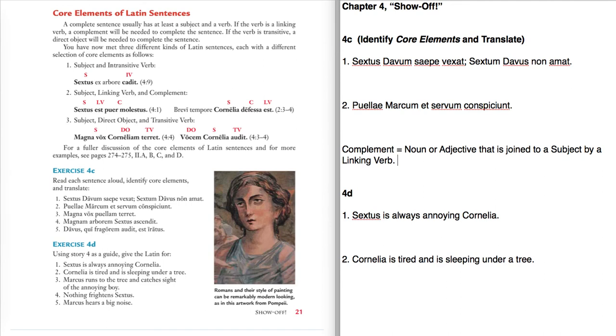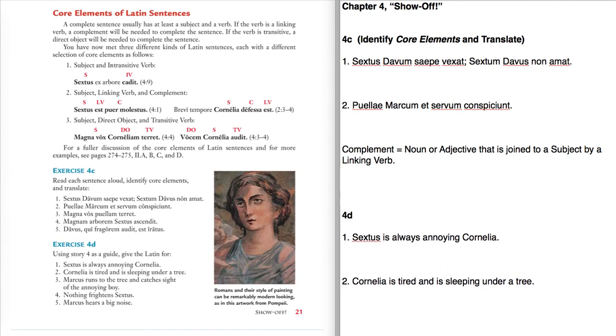An example of this would be as follows. John is a student. Is a linking verb. It links this subject to this, which is called a complement. What is a complement? A complement completes or fills out or tells you more about what the subject is, or who the subject is.